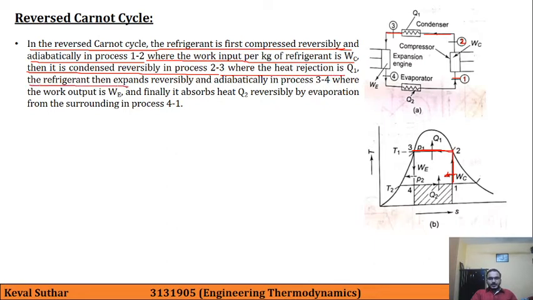Then the refrigerant expands reversibly and adiabatically in process 3 to 4, that is over here in the expansion part, which is also known as the expander, where the work output is WE. And finally it absorbs heat Q2 reversibly by evaporation from the surroundings in process 4 to 1.